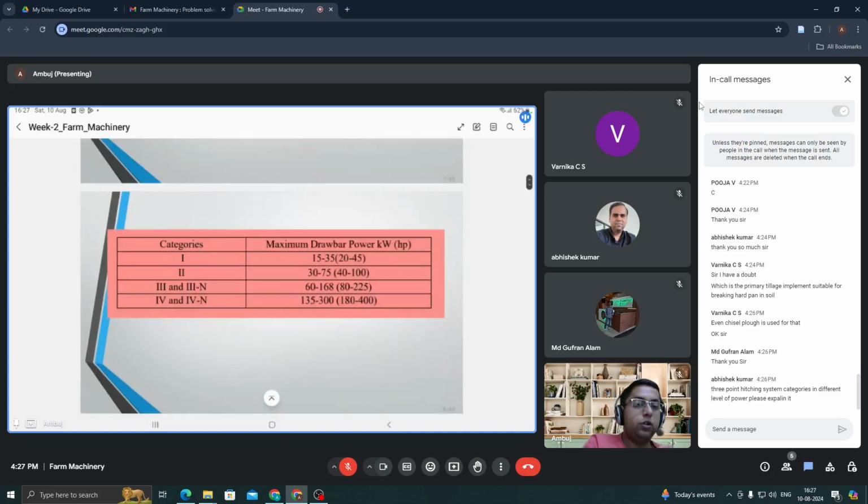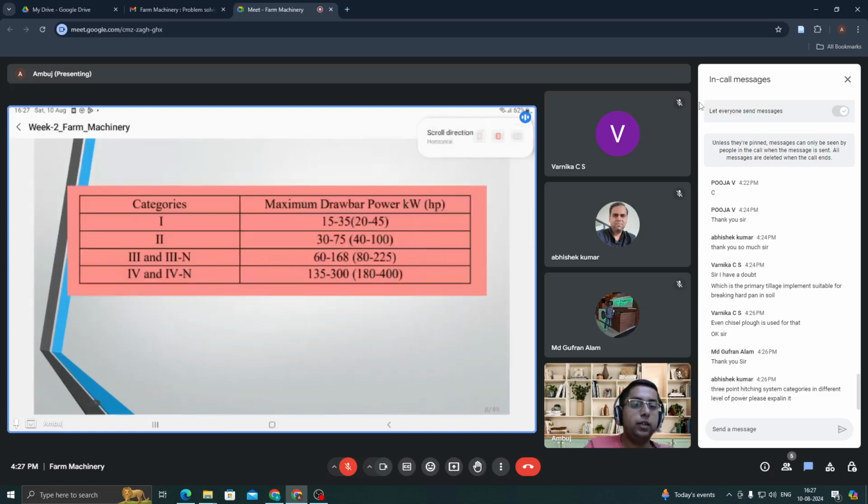The three-point hitch system and the level of drawbar power with respect to the categories is what I have shown in this particular slide. Four categories are there: 1, 2, 3, and 4. In the first category, the power range is 15 to 35 kilowatt, in HP it would be 20 to 45.